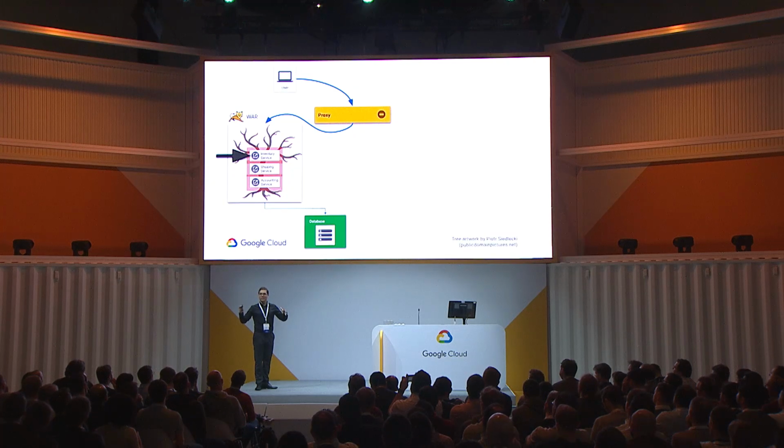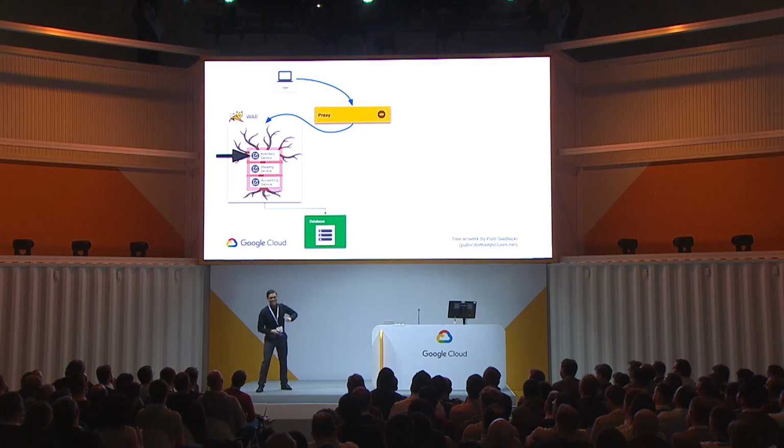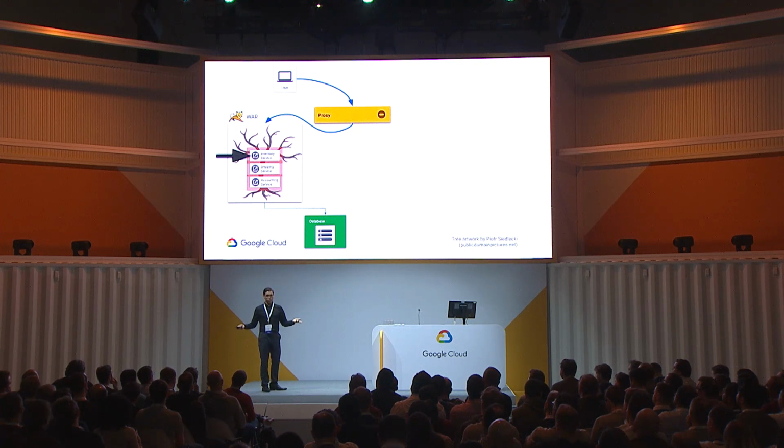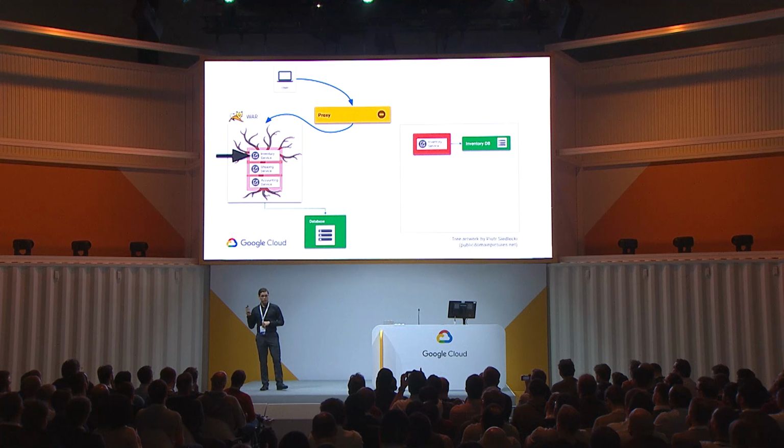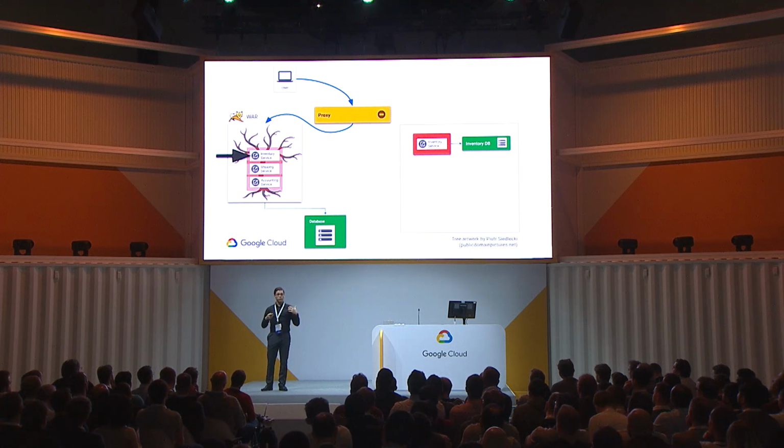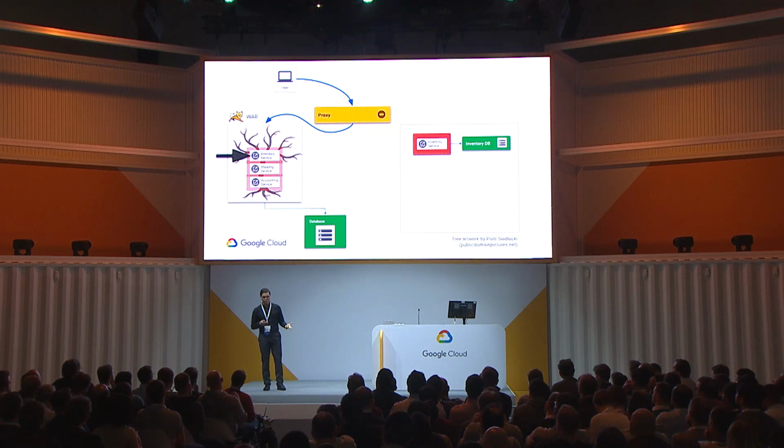OK, remember what I said about strangler vines? Where do they start? Where it's easy. Yes, OK. At the top, because it's easy. So here, the least complicated service happens to be the inventory service, so that's where we're going to start. First, we create a separate binary with a separate database to handle inventory, where we can start re-implementing the necessary logic for the inventory part of our application.